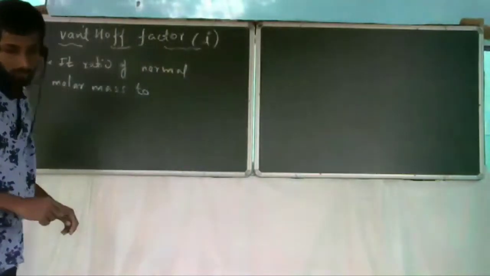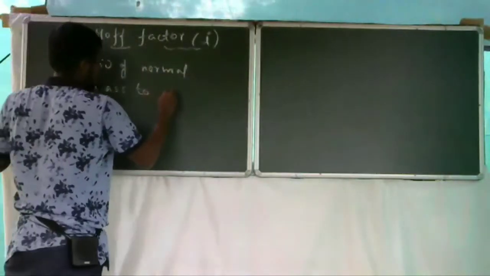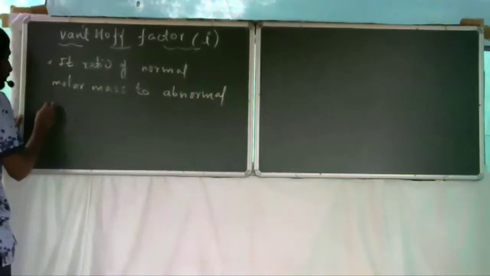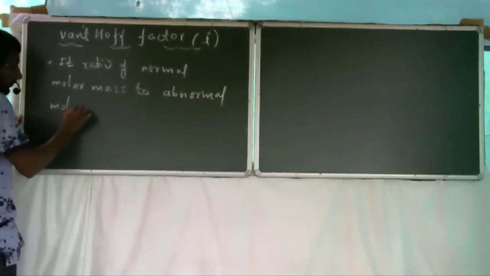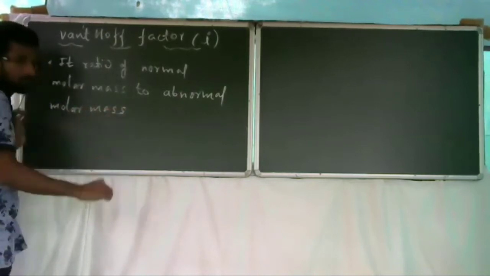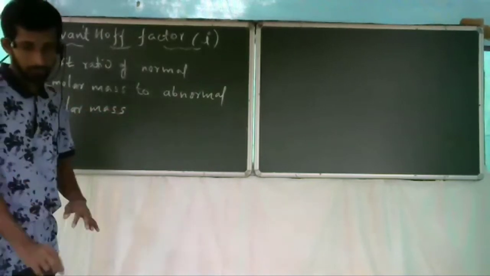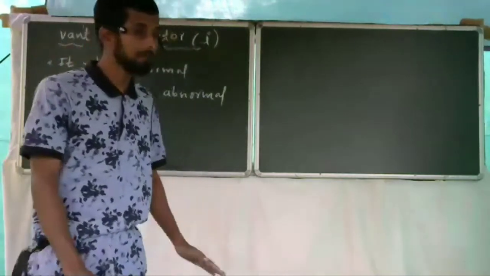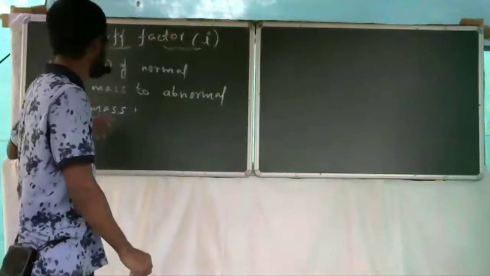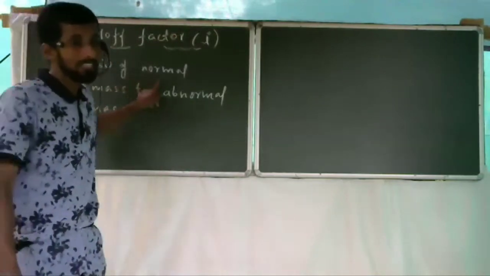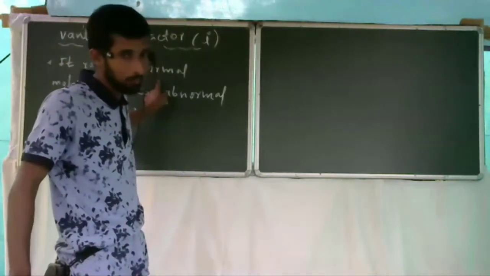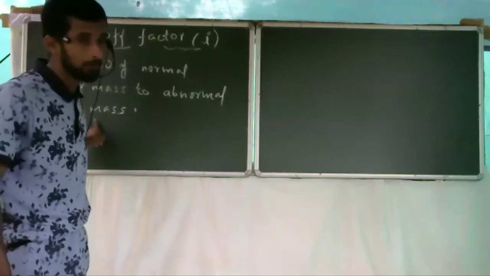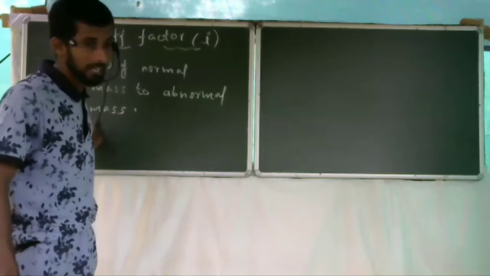This is the definition of i. Nothing but simple ratio of normal molar mass, that is a theoretical value, theoretical molar mass, and abnormal molar mass, that is experimentally calculated molar mass by using colligative properties.